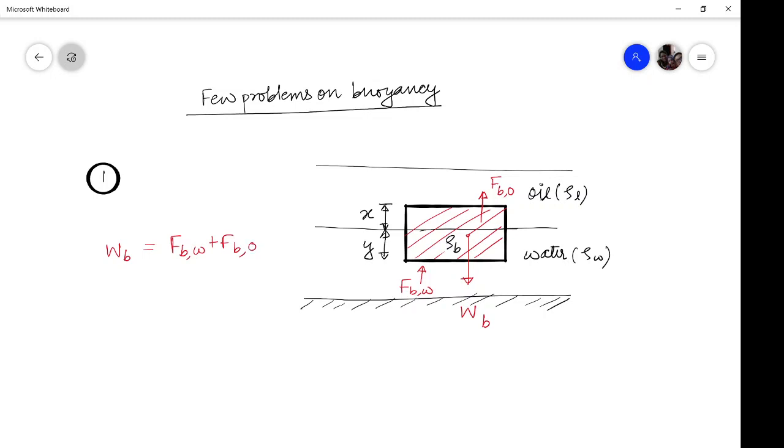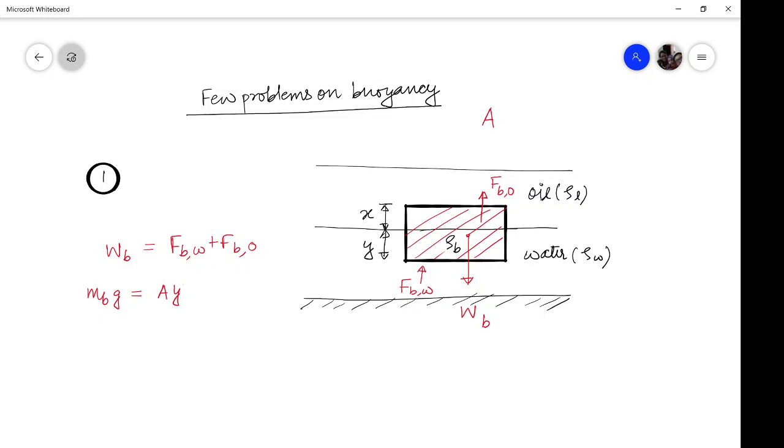Now, what is the weight of the block? It is the mass of the block times g. What is the buoyancy force due to water? That is the weight of the volume displaced. Let us say the cross-sectional area of the block is A. Then the volume displaced is A times y, and when multiplied by the density of water and g, it becomes the force.